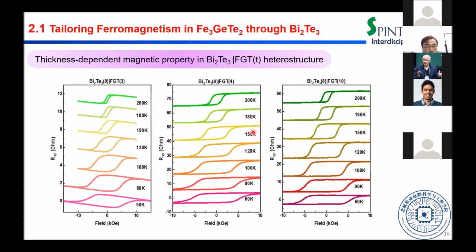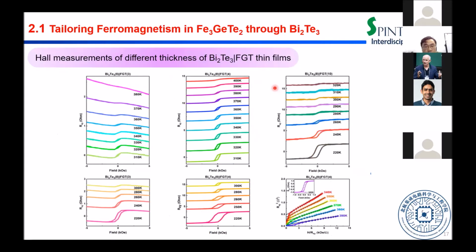And also we work on the thickness-dependent magnetic property in this heterostructure. We continue to work on other thicknesses, 3 nanometer, 4 nanometer, and 10 nanometer. We can see very clearly at low temperature, all the structures show a very clear hysteresis loop. And at room temperature, very interestingly, for the heterostructure at 3 nanometer, around 380 Kelvin we still see a little hint of anomalous Hall.